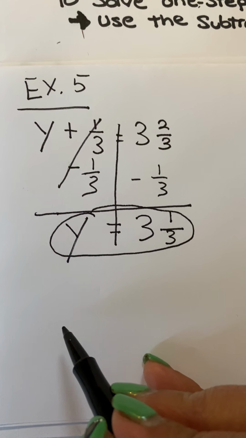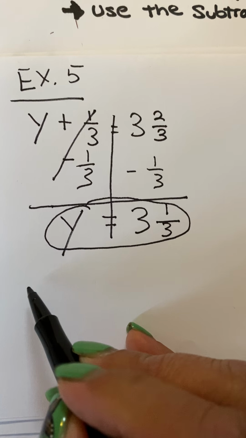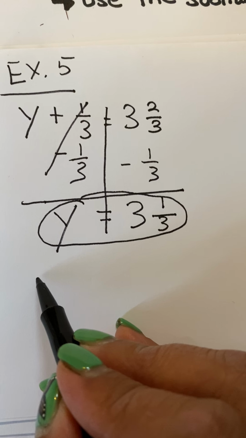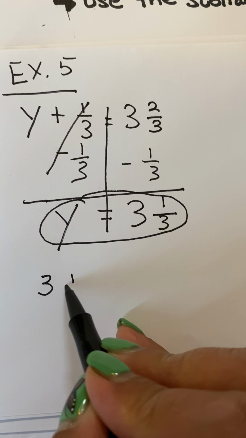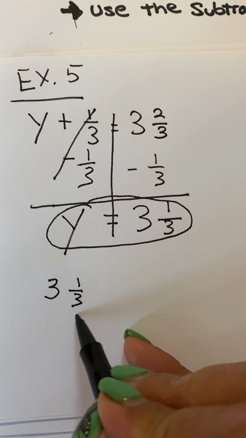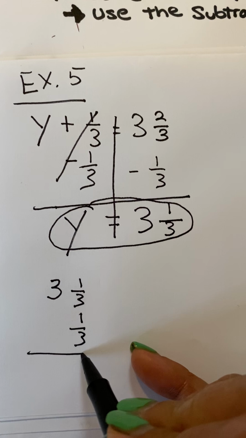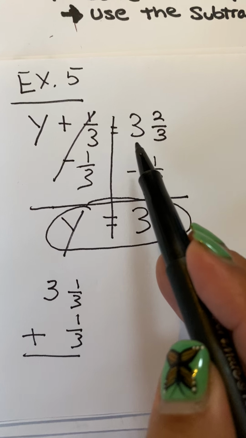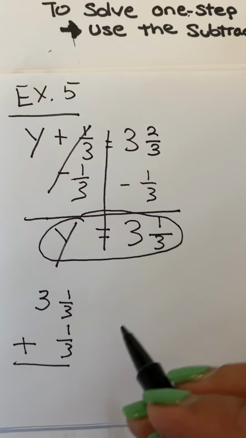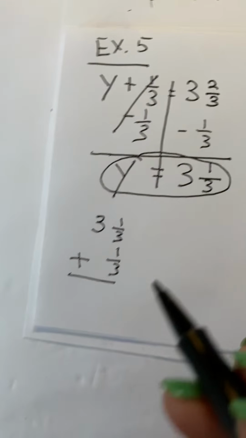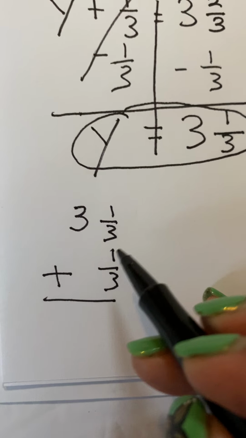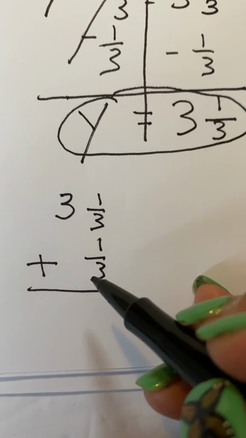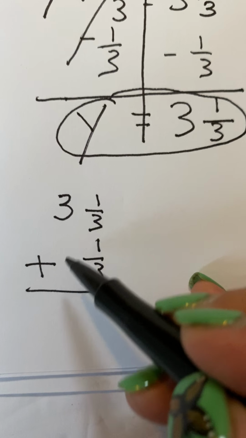In order to check your work, you can always replace the variable y with the value of 3 1/3, and then add plus 1/3, and what you find here must match 3 2/3 above. And if that's true, then you can check it off. Here we are adding a mixed number with a fraction, and we're going to do the same thing.